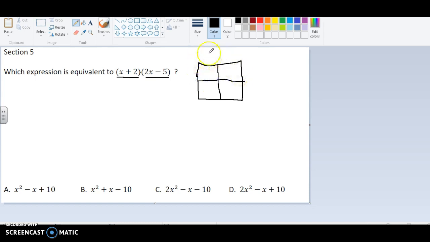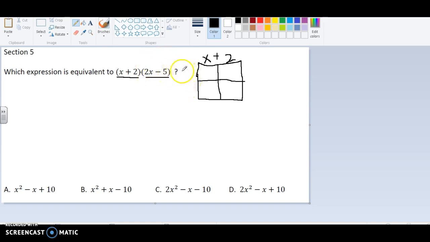On the top of the box, you're going to put your first binomial, so x plus 2. And then alongside the box, you're going to put your next binomial.